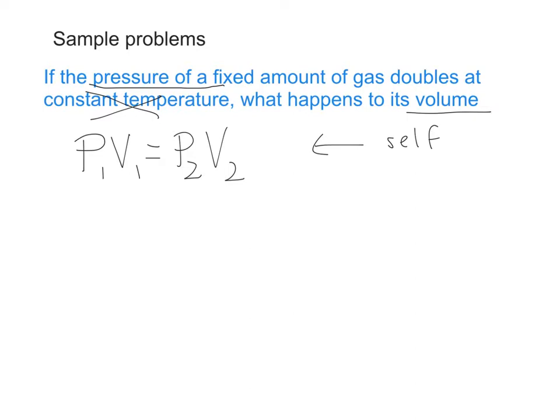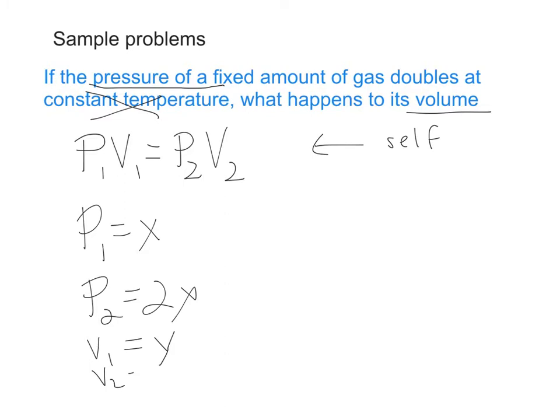Well, let's see if, even though we don't have numbers, we can use relationships. So it tells us the pressure of a fixed amount of gas doubles. So that means if P1 equals X, then P2 equals 2X. And it's asking what happens to the volume. So that means V1 would equal Y, and V2 is what we're trying to solve, which we'll just call question mark right now.